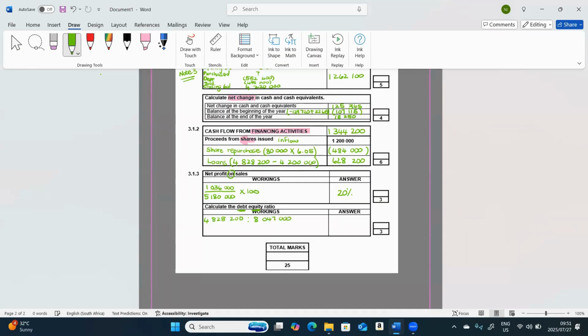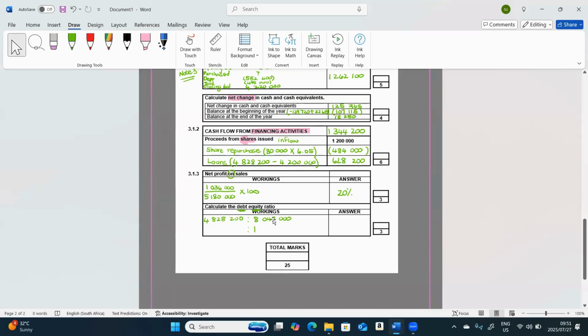It's going to be 8,047,000 Rand. Okay, then we know, guys, that the principle is that the right-hand side always has to be 1. So to get to 1, we have to divide this amount by itself. Because it's a ratio, it's almost like a fraction. Well, the principle is the same, right? What you do on the right-hand side, you also have to do on the left-hand side.